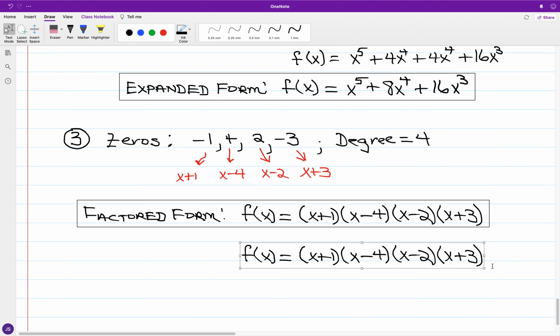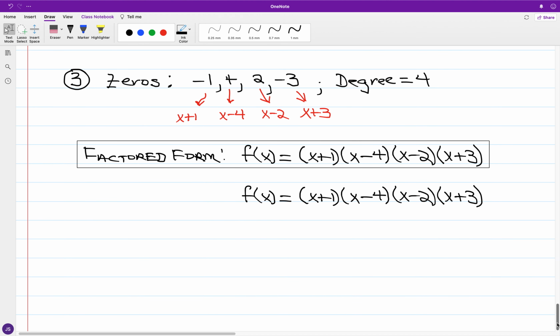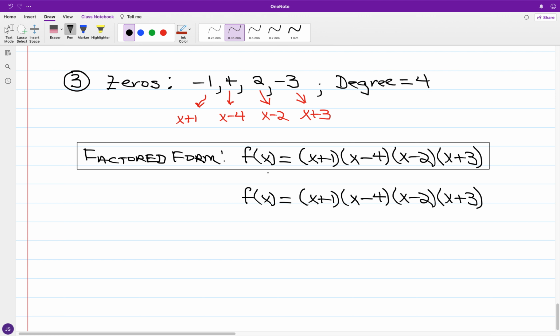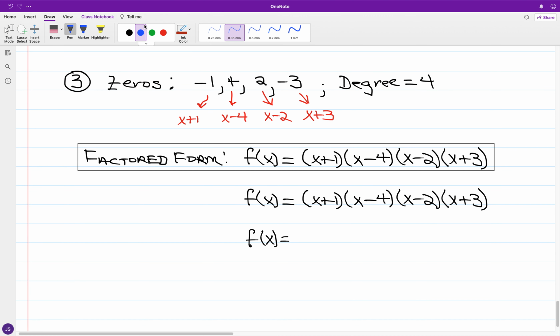Now, if I'm looking at expanding the form, I'm just going to do a little bit of color coding here. If I just FOIL out the first factor, x plus 1 times x minus 4, this will come out to x squared minus 4x plus x, which is going to be -3x, and we have minus 4.